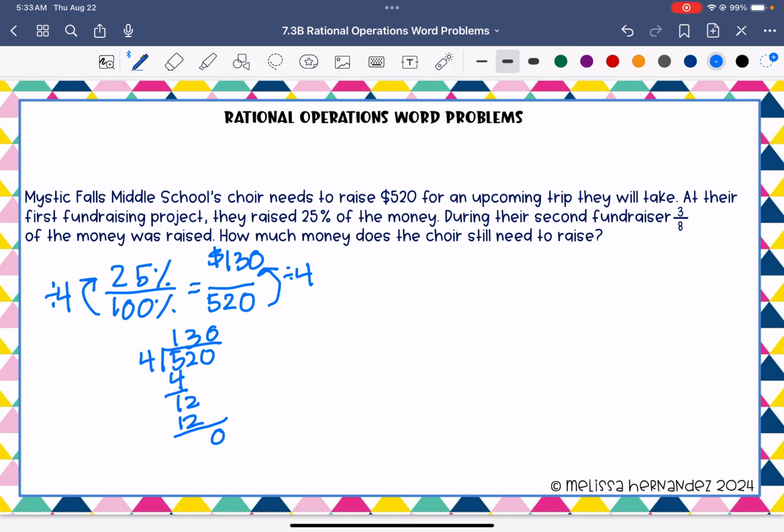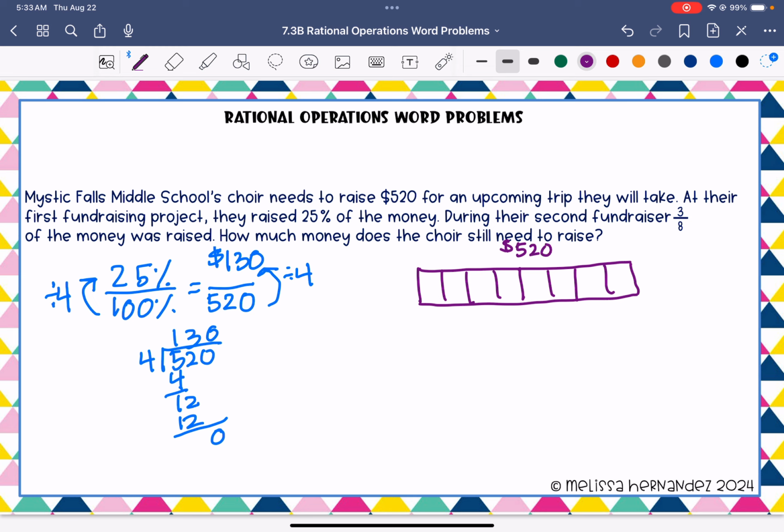We still need to do the second one, and so it's 3/8. So let's use a visual model. This isn't the only way to do it, just helps you see it. Our total is 8 parts. And all 8 parts represent 520.